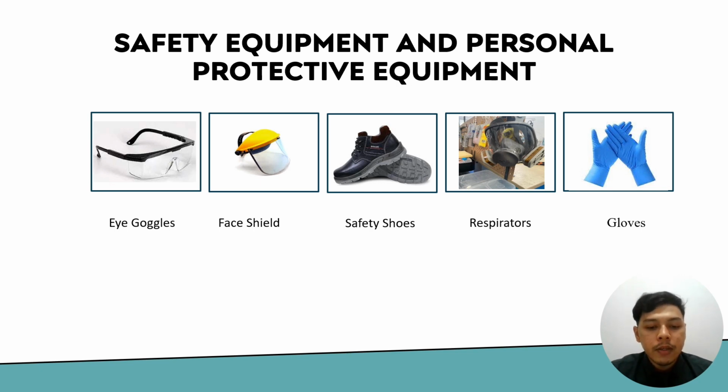It's very important to figure out what risks and dangers relate to 3D printing in the working environment and then get the right safety equipment and also PPE. First one is eye goggle, face shield, safety shoes, respirator, and also glove.